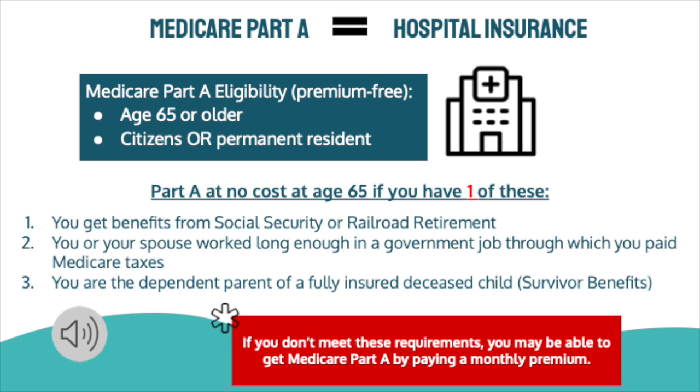You get benefits from Social Security or railroad retirement. You or your spouse worked long enough in a government job through which you are paid Medicare taxes. You are the dependent parent of a fully insured deceased child, also known as survivor benefits. Even if you don't meet these requirements, you may still be able to get Medicare Part A by paying a monthly premium.